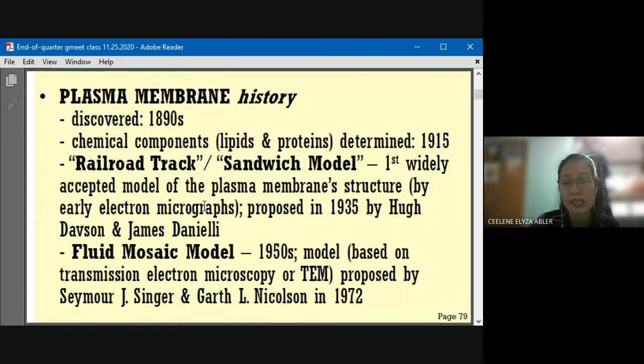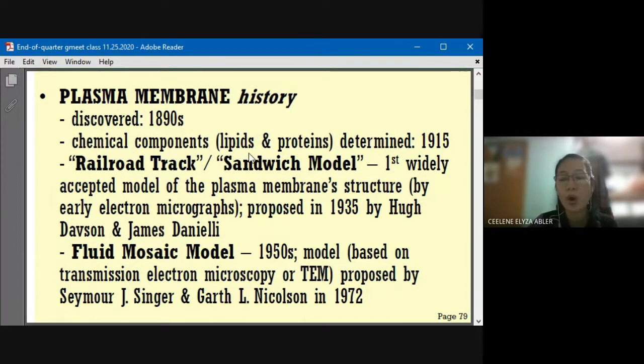Recent na yung 1890s. Remember that the cell was discovered mga 1600s, late 1600s na. So medyo matagal-tagal si plasma membrane na discover actually. And the components is actually discovered almost 2 decades later, which is in 1915.